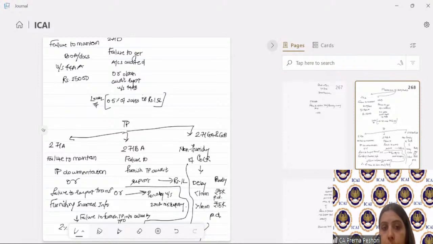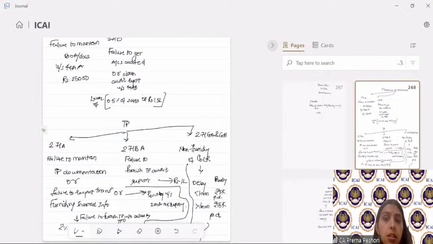Clear? Any doubt? Okay. Now balance are very small penalties and miscellaneous penalties which we are going to talk about.